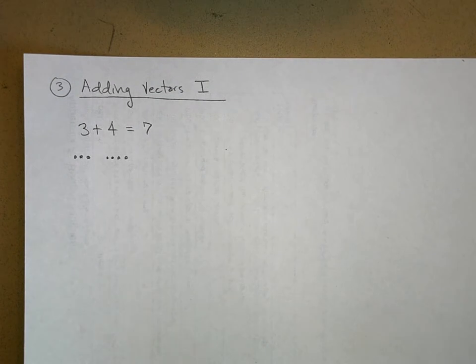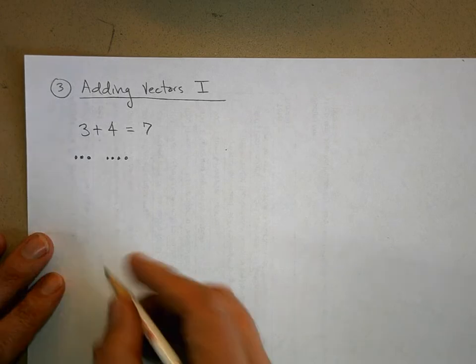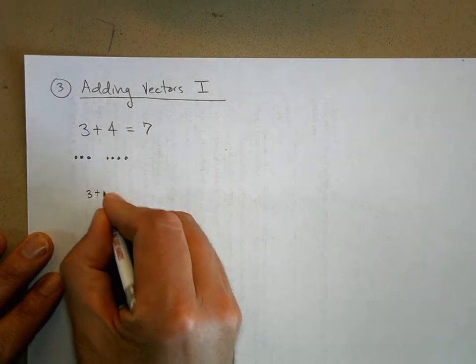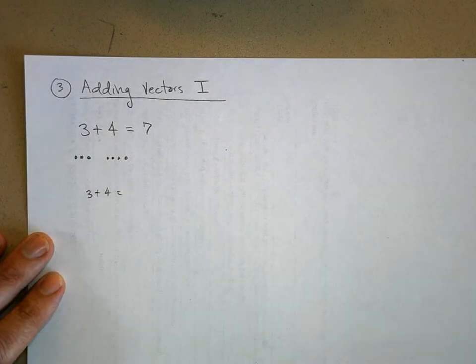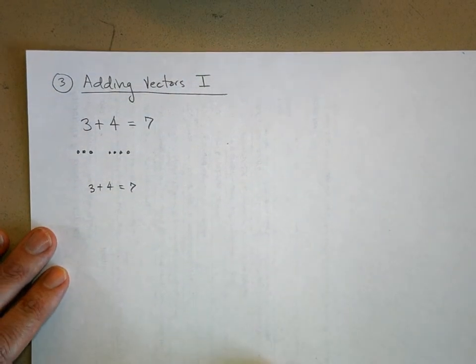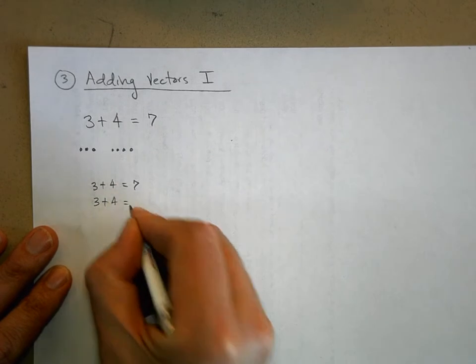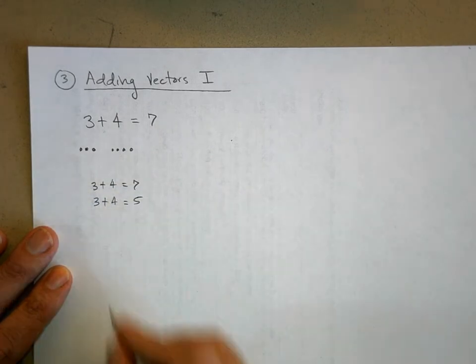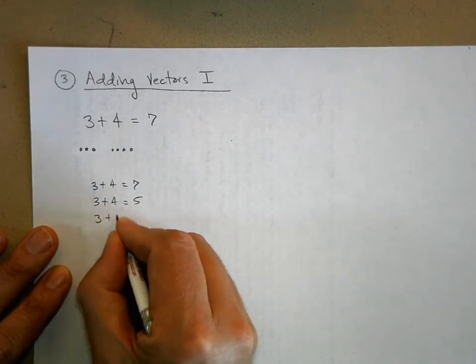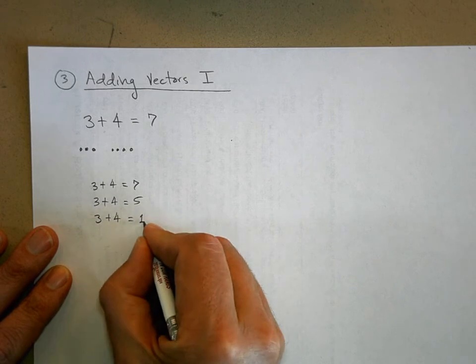Well, now, though, we're going to add two numbers together where it's not so easy to go 3 plus 4 and get 7. Well, I'm now going to tell you that 3 plus 4 can equal 7, yes, but I'm also going to give you a situation where 3 plus 4 will equal 5, and I will give you a situation where 3 plus 4 equals 1.